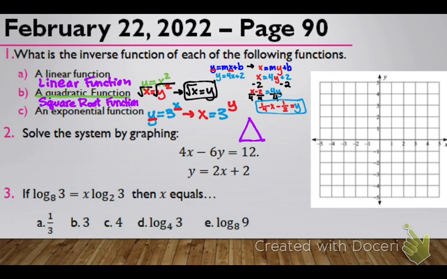Yeah, 3 goes in the bottom right there. And the y goes in the top. That left side of the triangle is my exponent.